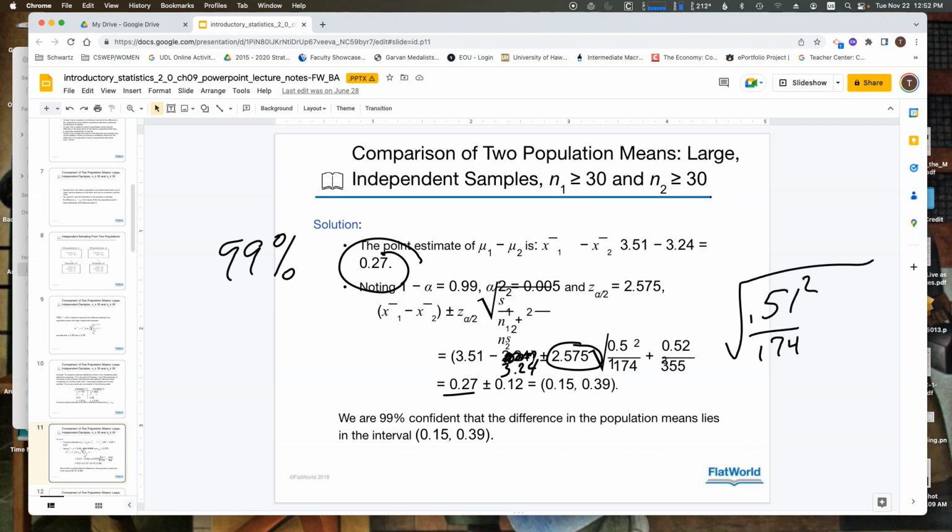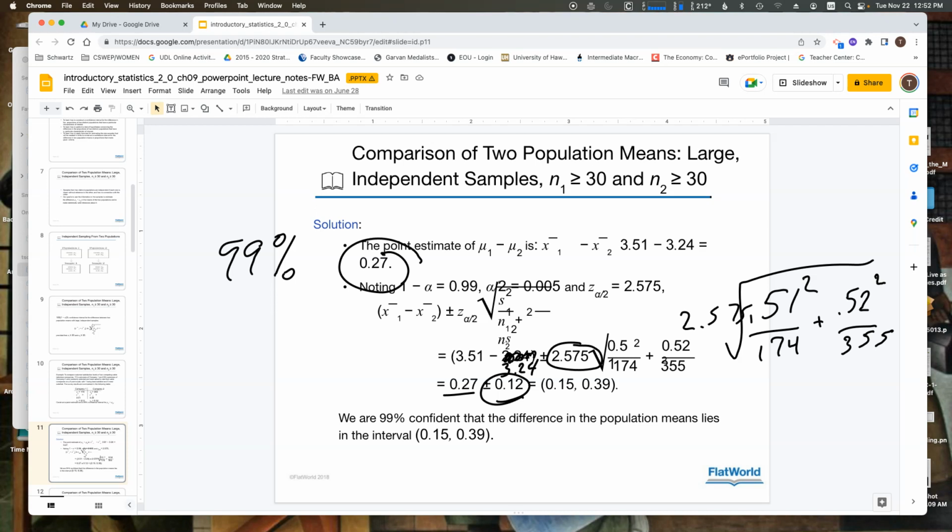I'm just going to rewrite this part here. As long as your calculator is operating properly, and I did check my work before creating this lecture, it does work out to be 0.12.